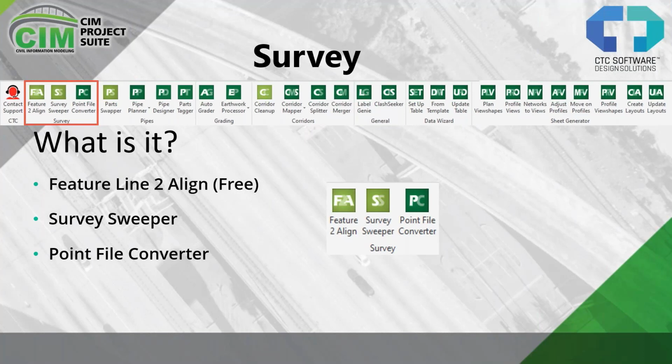And conversely, if your description key set is set one way and you get a point file from an outside entity, you can convert it back to your survey code set to match your description key set, so that when you process your data, it will come in, and you don't have to have all these description key sets out there and other things. So you can do it both ways.